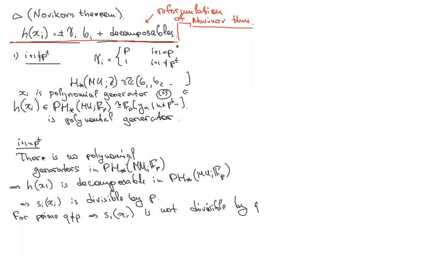And therefore, we know that s_i of xi is p to some power, in the case when i plus 1 is equal to p to the power t.